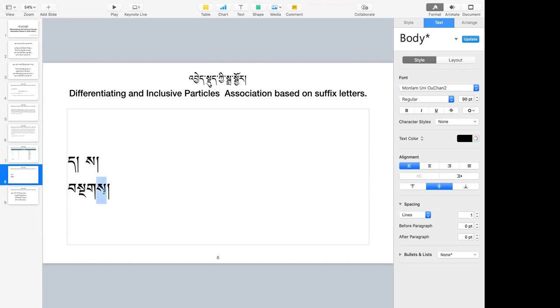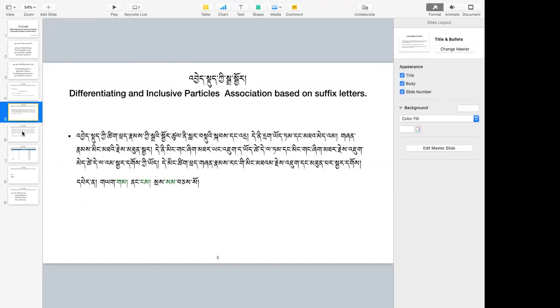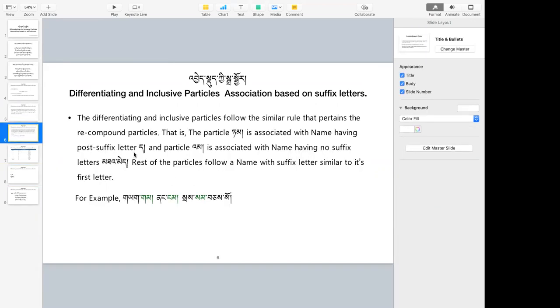And the one that comes after the suffix is called the post-suffix, in some translations super suffix. But here we use post-suffix because it comes after the suffix letter. So here we have to talk about the post-suffix letter, not the sa, but the ta.